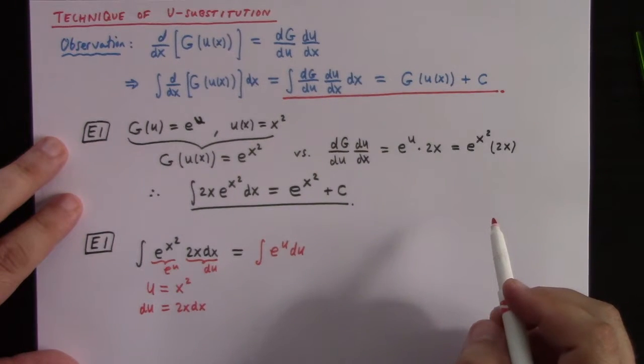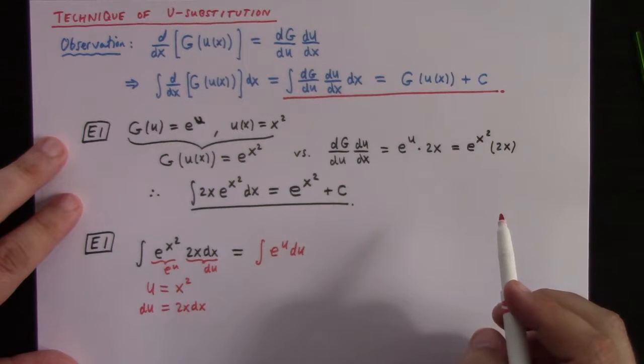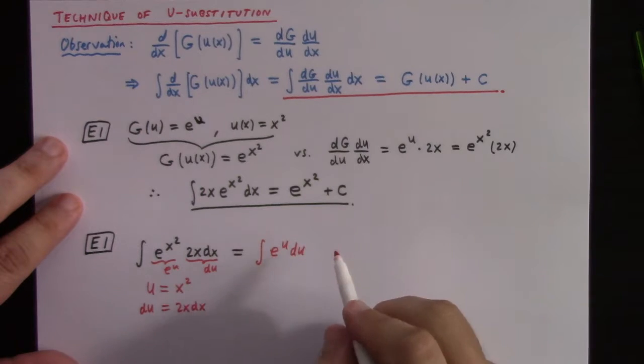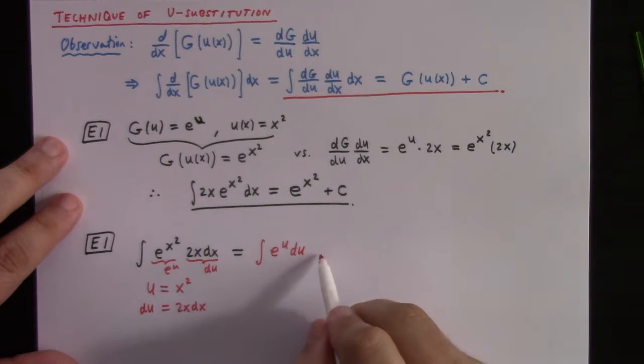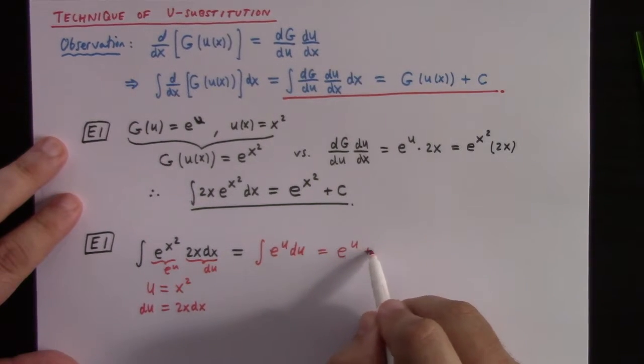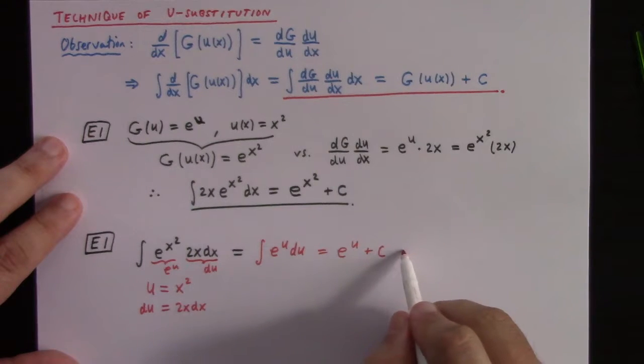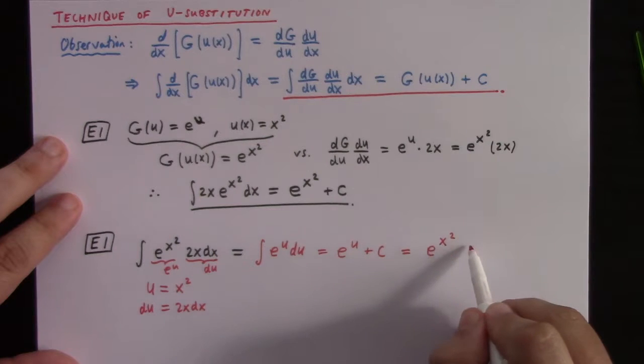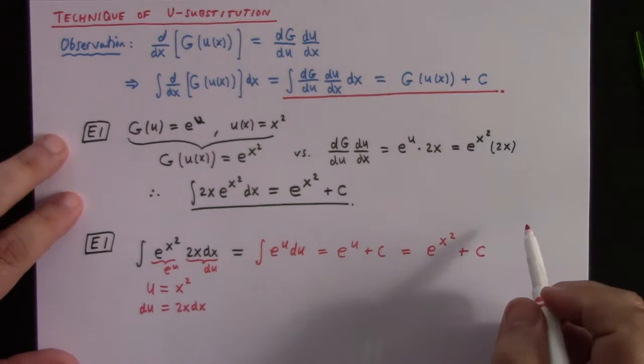So I change this to an integral in u, and that's e to the u plus a constant. But then we undo the substitution. That gives me e to the x squared plus a constant, and there you have it.